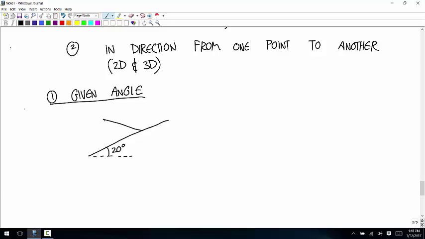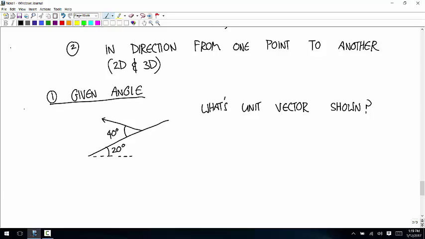And then the vector that we want makes a 40-degree angle with the incline. We want to know what the unit vector is. What are the components representing that unit vector?